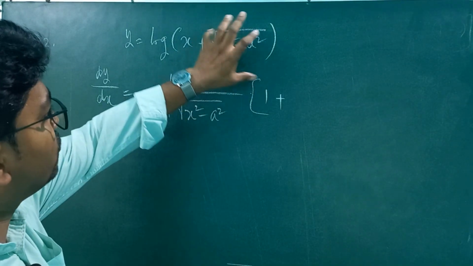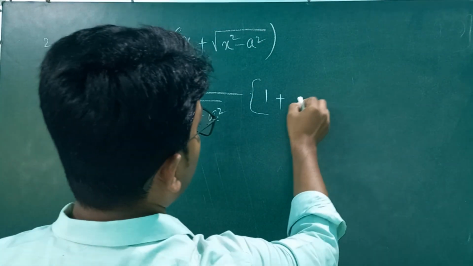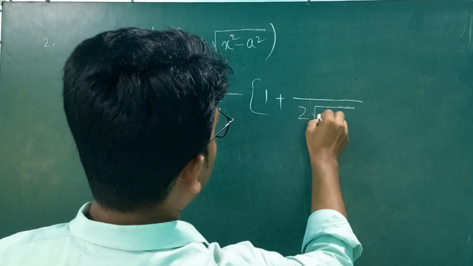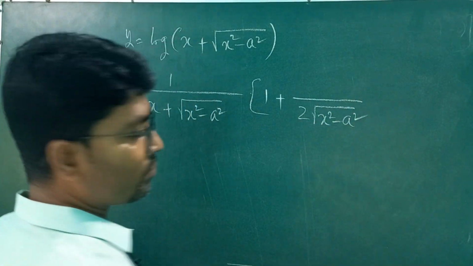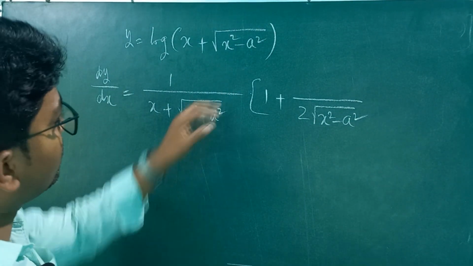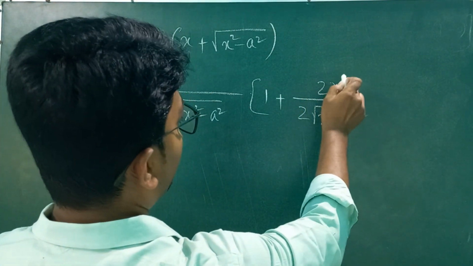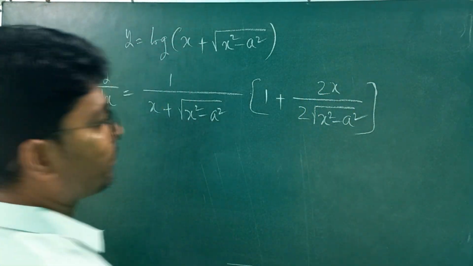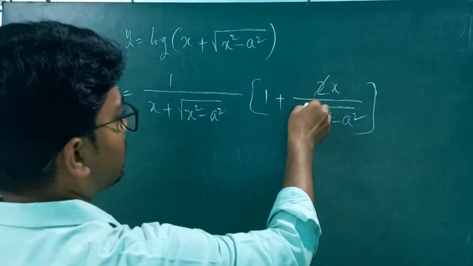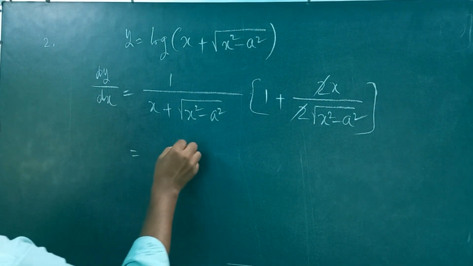I will think of it as root x. So the derivative of root x is 1 by 2 root x. Then the derivative of x square minus a square is 2x minus 0. So you cancel them. What will you get?